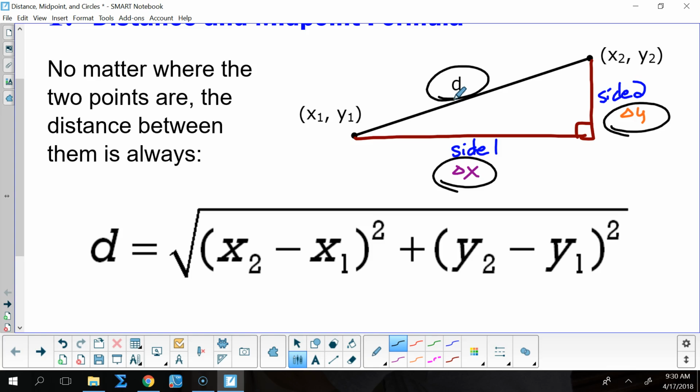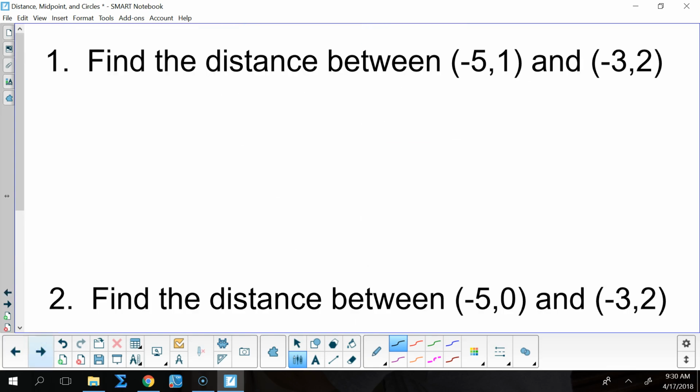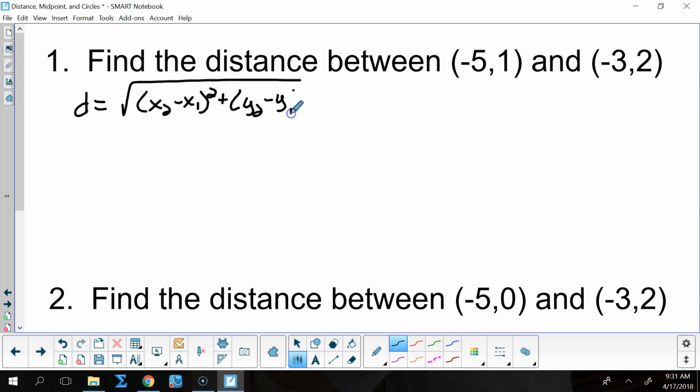Okay? So let's put it to work. To find the distance between those 2 points, I would first start with my distance formula. Now, the nice thing about the distance formula is that it doesn't matter which point, left or right, is the one that I use first.